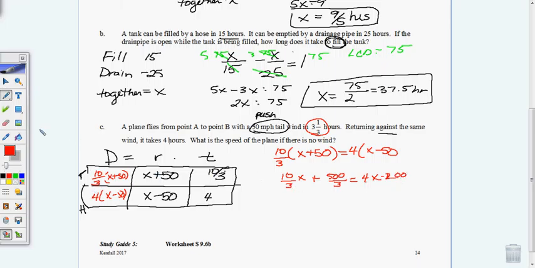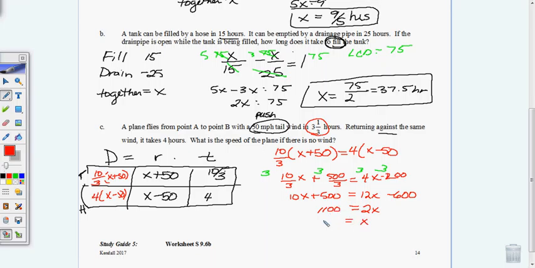Don't like those fractions, so what do we do with a fraction? Remember, we already solved these yesterday. Multiply everything through by the common denominator, which is 3. So I end up with 10x plus 500 equals 12x minus 600. Moving all the x's to one side, 2x equals 1100.